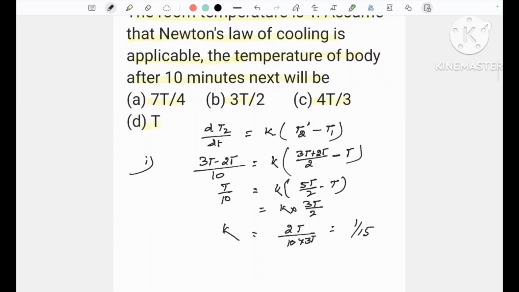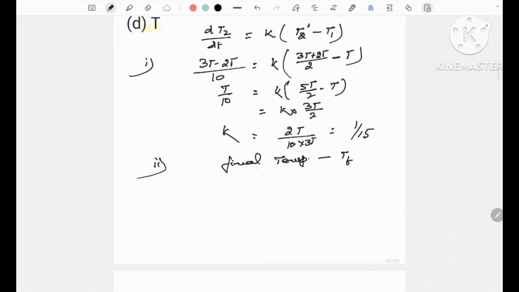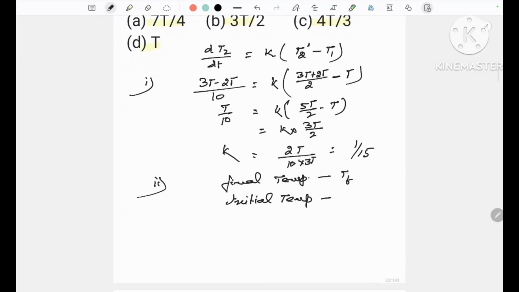Suppose final temperature is Tf. So for the second condition, the initial temperature is 2T.